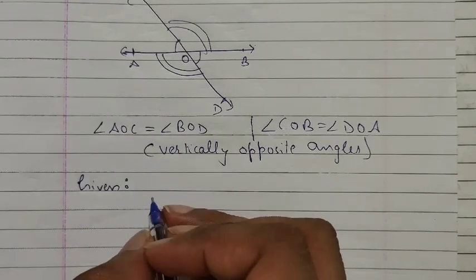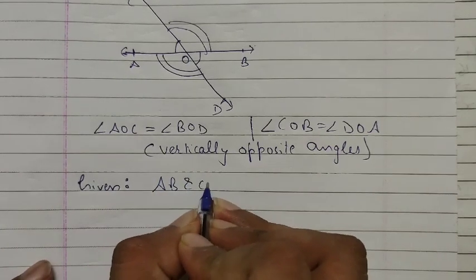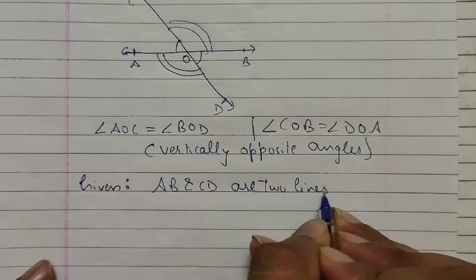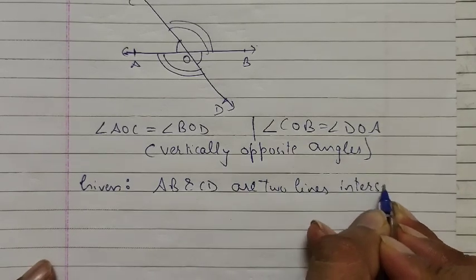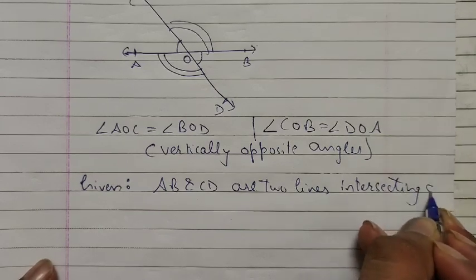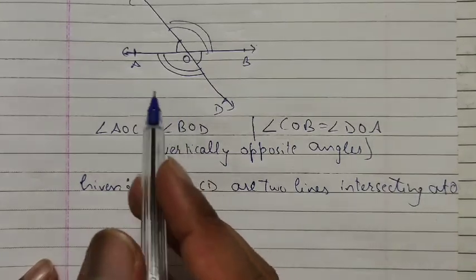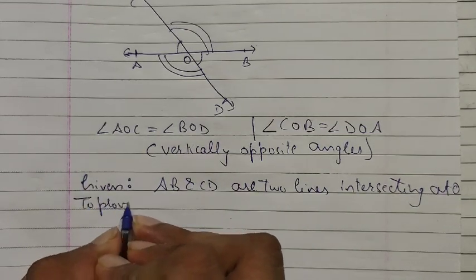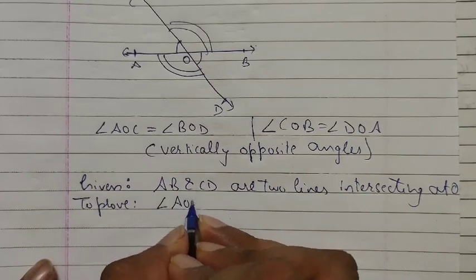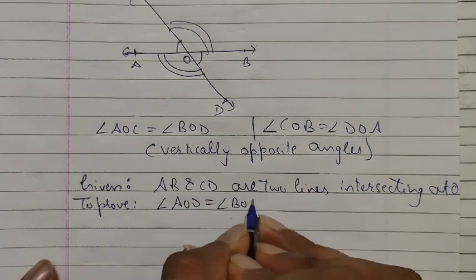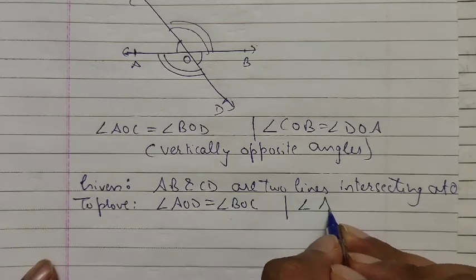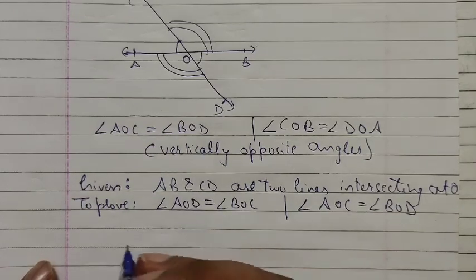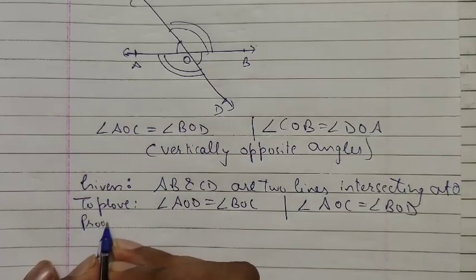Given: AB and CD are two lines intersecting at O. Simple. Secondly, what we have to prove: angle AOD is equal to angle BOC, and angle AOC is equal to angle BOD, right? So this we need to prove. Now we can start with the proof.